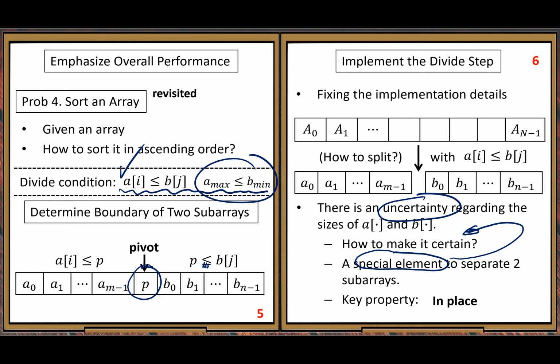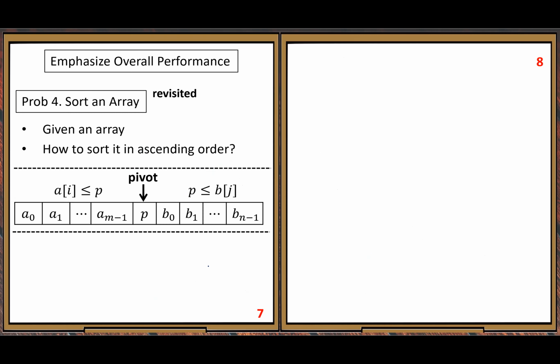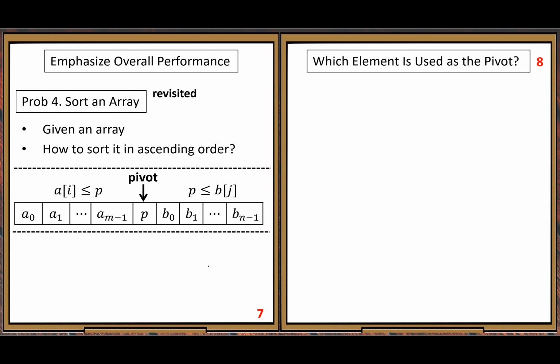That's the property we would like to have, but how to get it? Next part of the story: which element is used as the pivot?